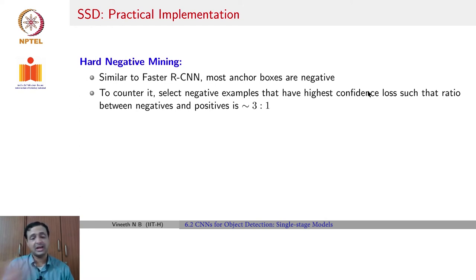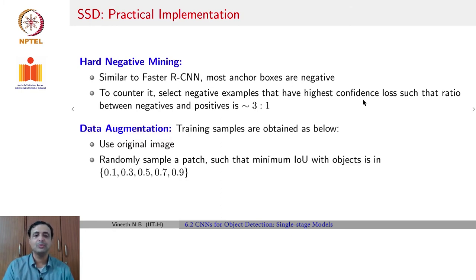You'll have k different anchor boxes, and that can be a huge number in terms of the number of boxes that are negative and have no object in them. And then learning can get affected, which is the reason you do this hard negative mining, where when you train, you only select some of those boxes that have a very high confidence loss and only use them in the loss function that we talked about. Remember, the loss function considered those negative boxes also.